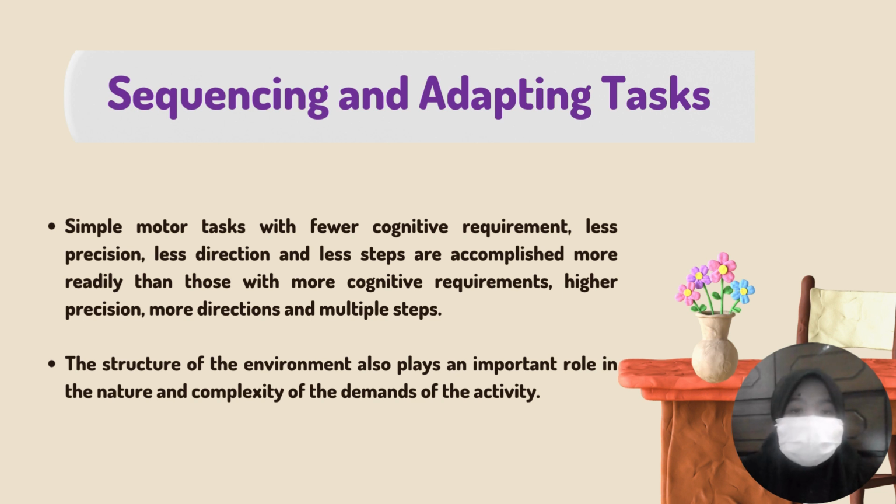And then the last one is that the structure of the environment also plays an important role in the nature and complexity of the demand of the activity. So, for example, an environment with variability and extraneous stimuli, for example, the presence of other children, is more challenging, and it's more difficult for children to learn a new skill and to adapt to it, as they must continually adapt and adjust to new stimuli around them.